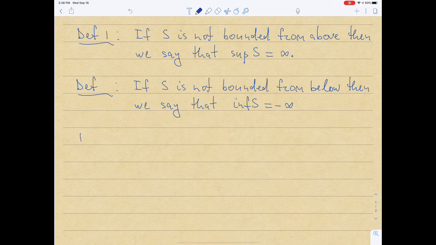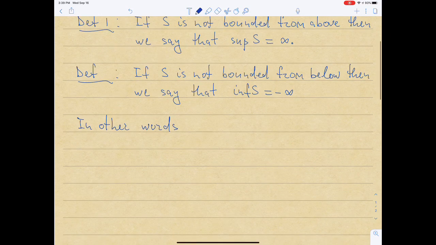In other words, if we say the supremum of S is equal to infinity, this means that S is not bounded from above.